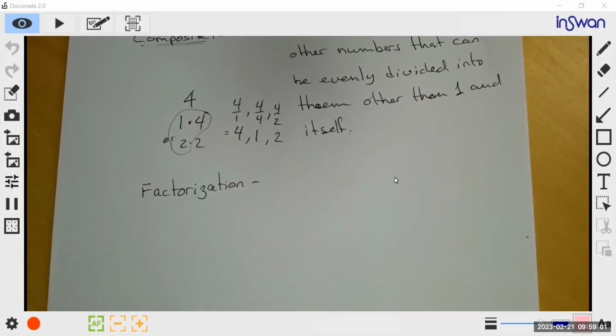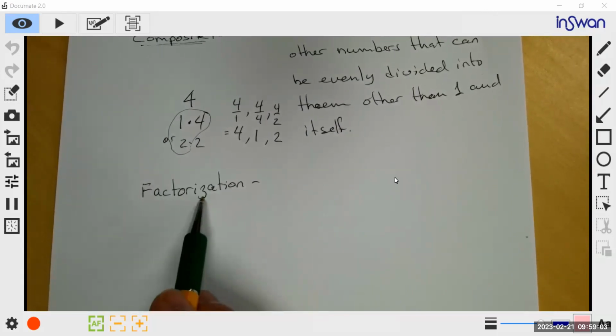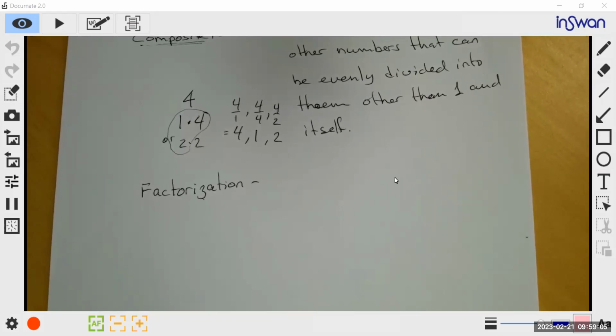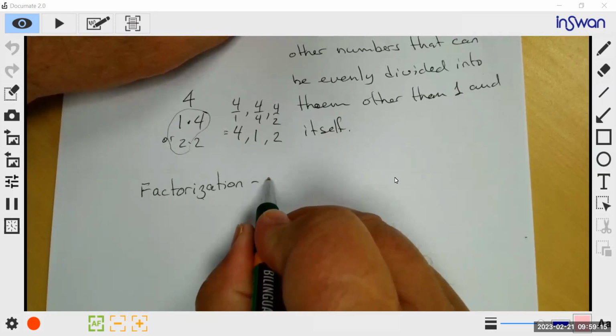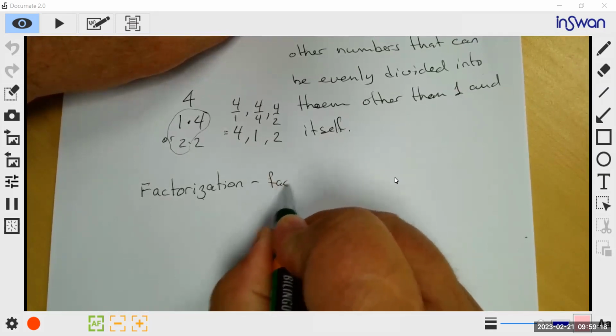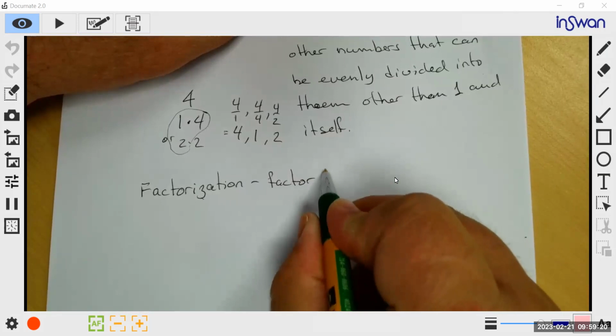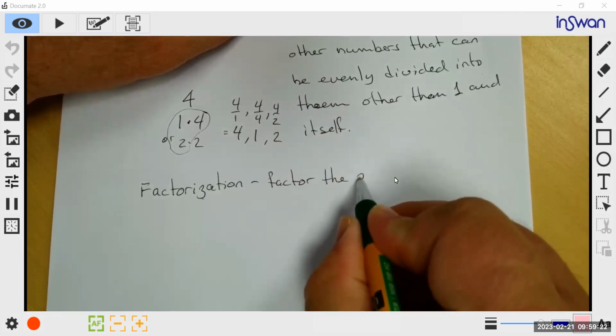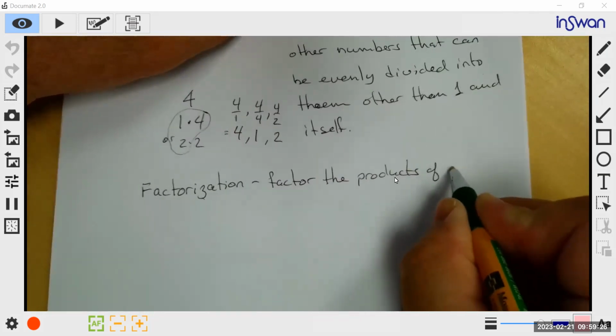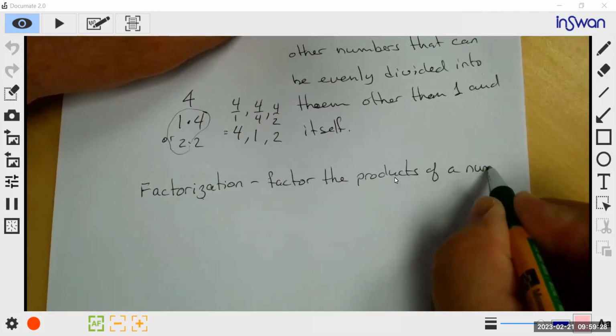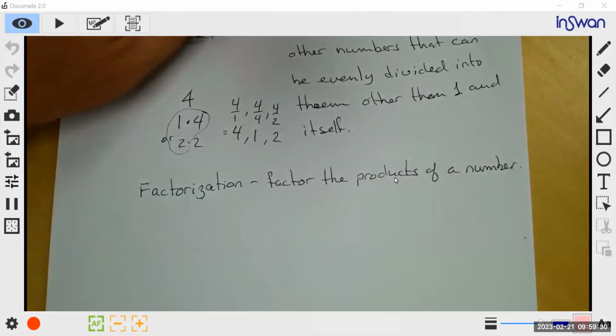That's a Z. Factorization is when you factor the products of a number.